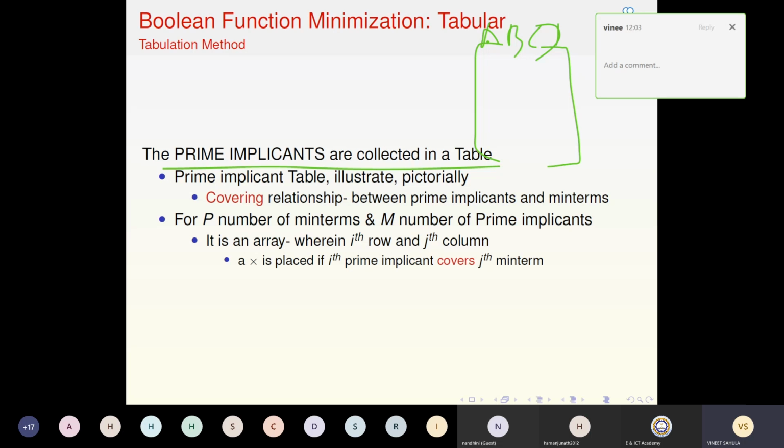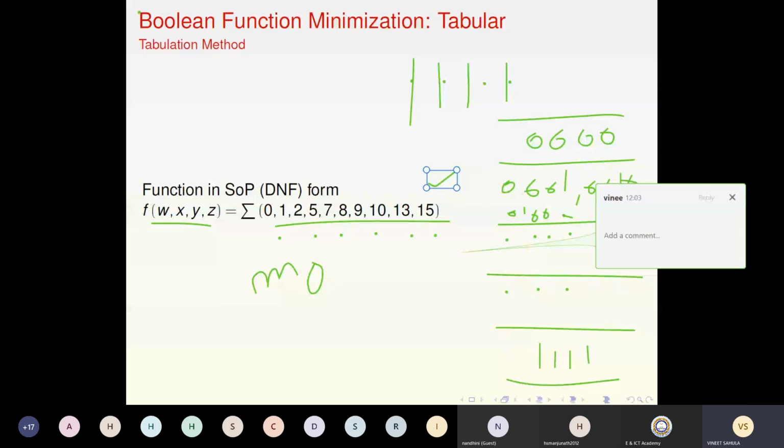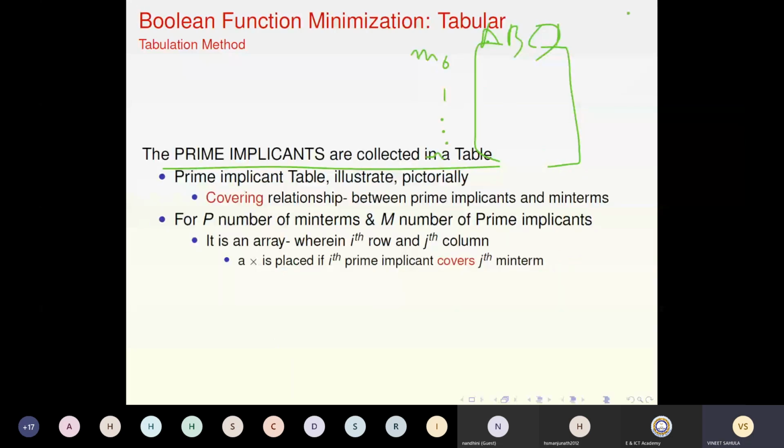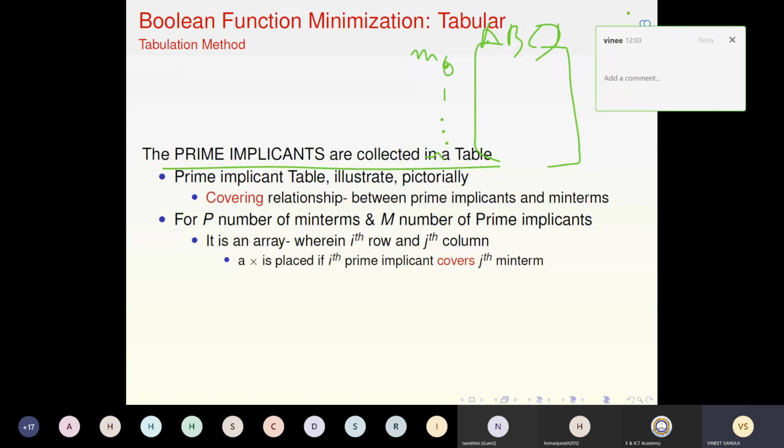I write them here in the table, from M0 to M15 last. And I try to tick mark here. If A covers some terms, B covers some other terms, and C and D cover some other terms, I tick mark them. And I have this table ready.